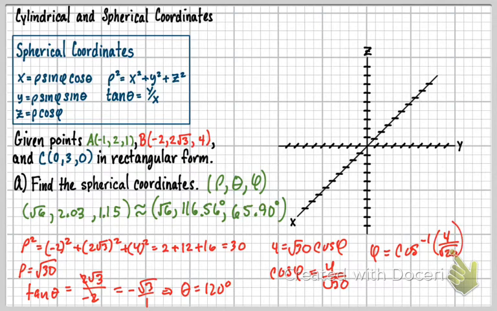I just noticed a typo when I was going through this cosine phi here. I noticed that it's square root of 30 on the bottom, and that's not what it should have been. That's what threw my phi off, and I just noticed that it seemed off here. This is where I messed up. That was negative 2 squared, which should have been 4. Oops.